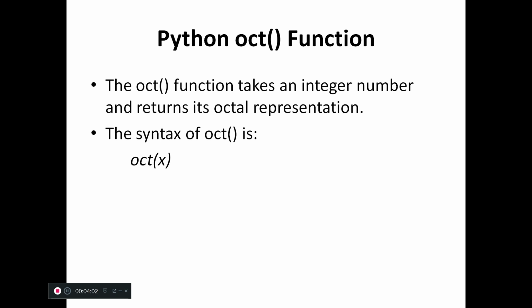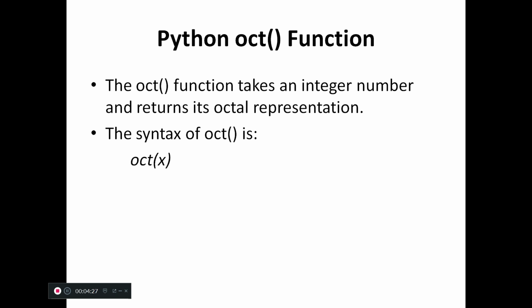The parameter of the oct function is an integer number, binary, decimal or hexadecimal. If not an integer, it should implement __index__ to return an integer. The oct function returns an octal string from the given integer number.